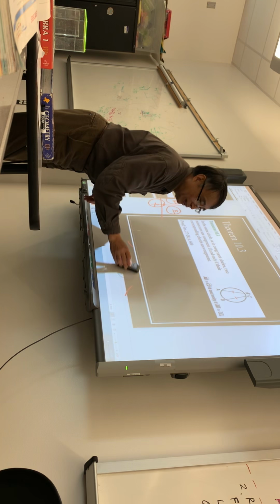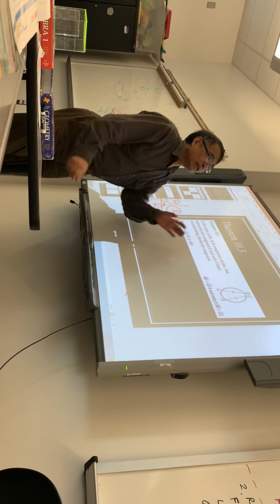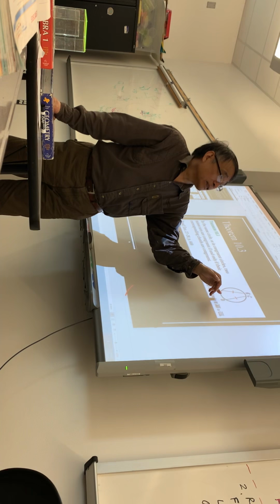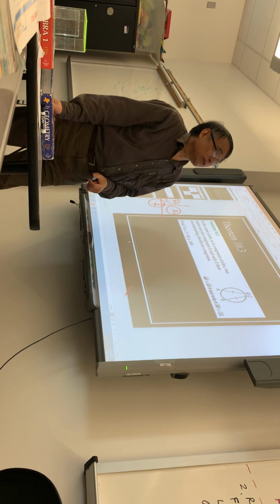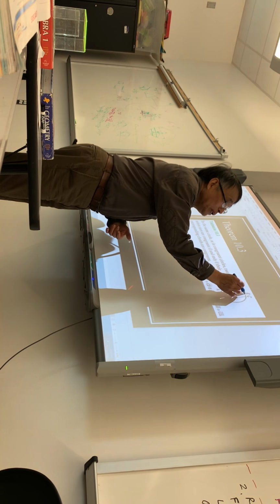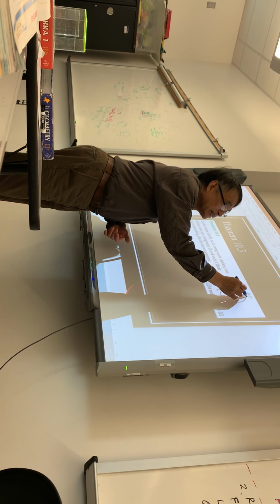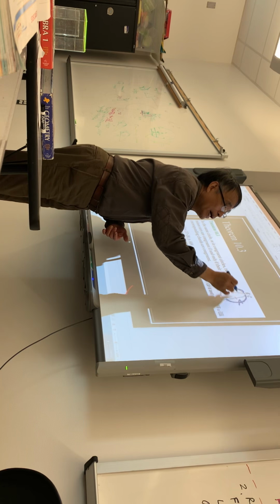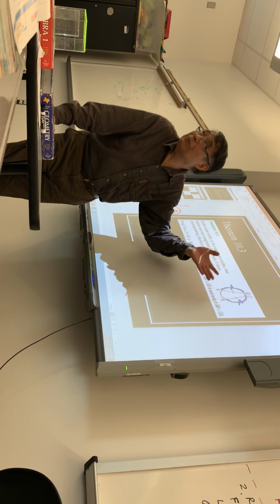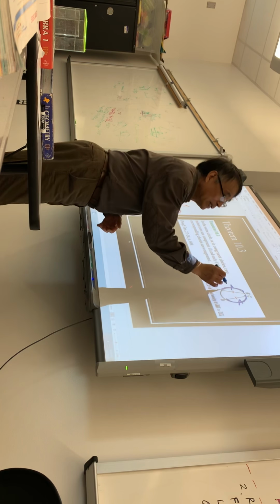This is common sense, okay, please? In the same circle, for instance, chord AB is congruent to chord CD. So arc AB and arc CD must be congruent, because two chords are congruent in the same circle. For instance, we have another one like this.